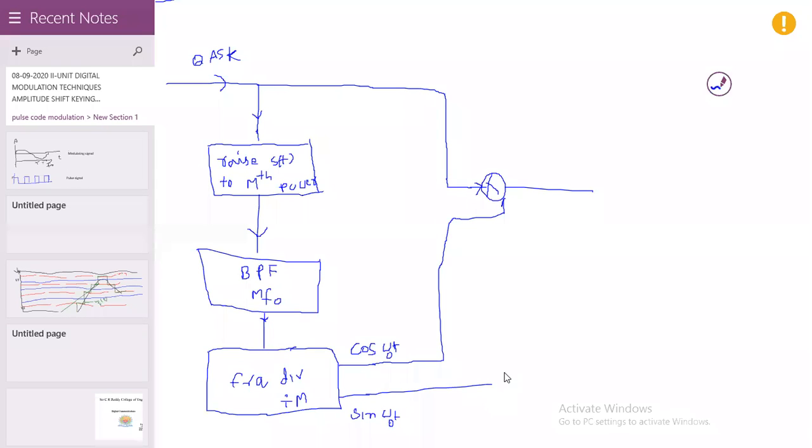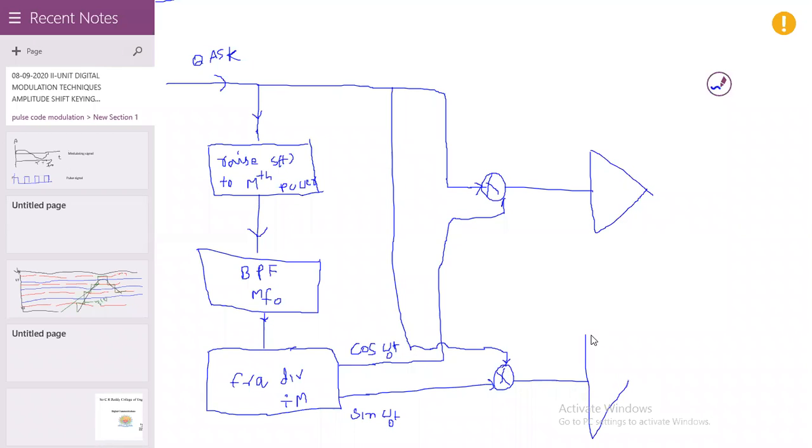Again, here another multiplier is there. The received signal is given to another multiplier, and here we can use an integrator. Here also another integrator. The outputs of the integrators are given to analog to digital converters.